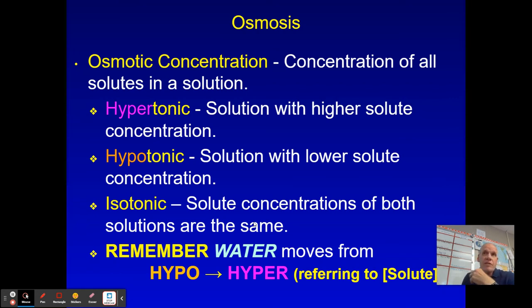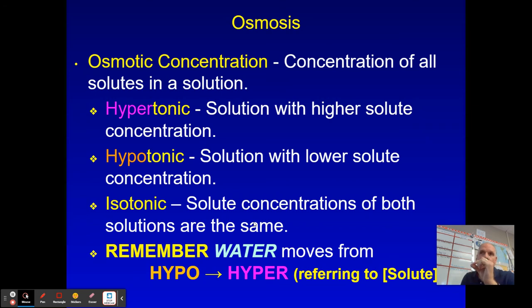The opposite, if it's hypotonic, okay, a hypotonic solution has a low solute concentration. So a cell that's in a hypotonic solution has more solute inside the cell and less solute in the solution around it. Hypo means less, hyper means more. Of course, if it's isotonic, equal, then there's an equal concentration of solutes on either side.